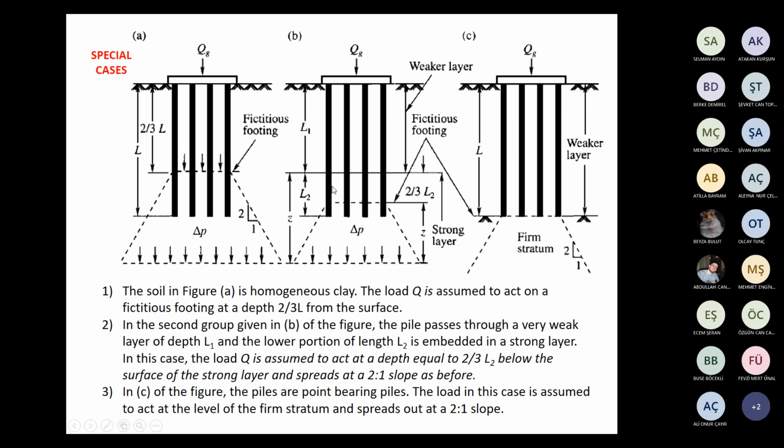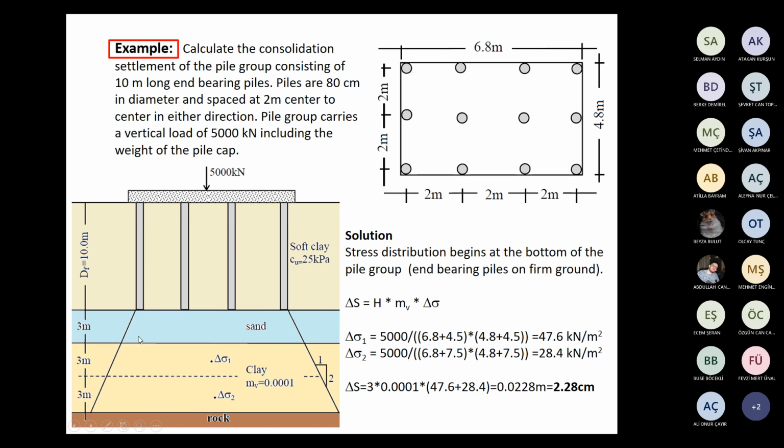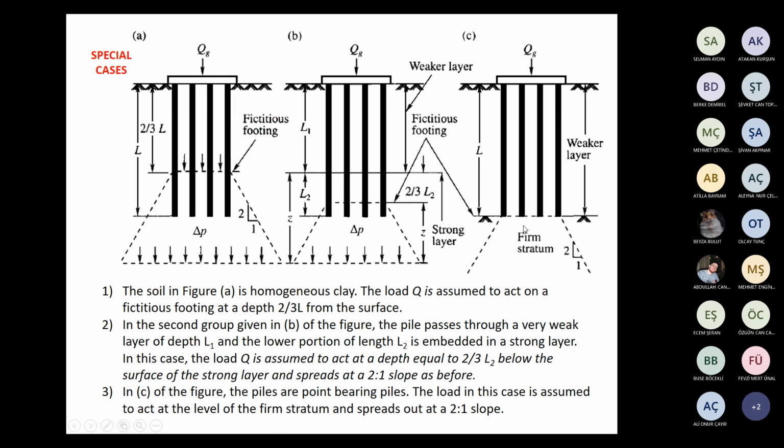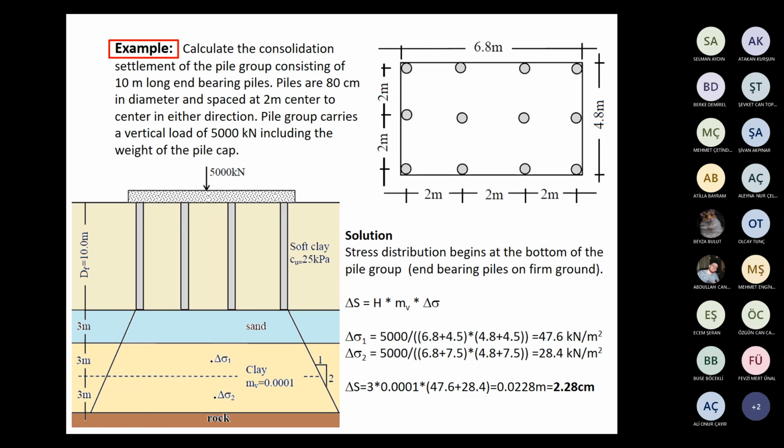In the second case, piles are embedded in a strong, firm layer. Let us check. In our case, piles are not embedded. So the model shown in figure C is applicable to our site condition.